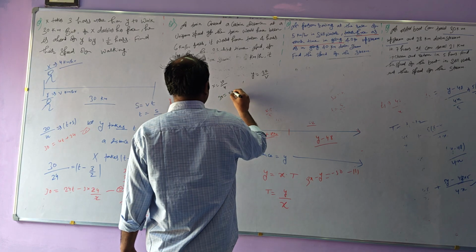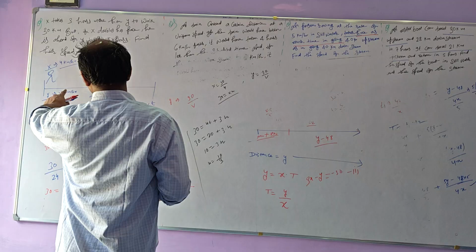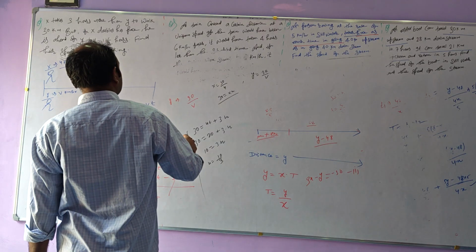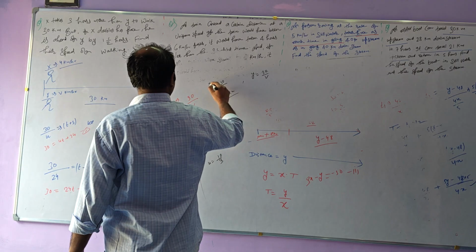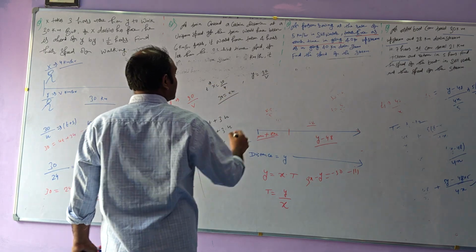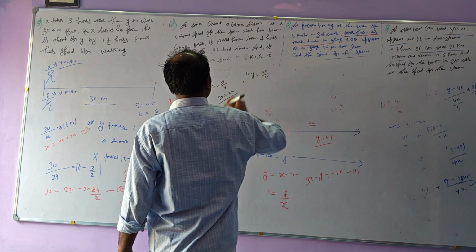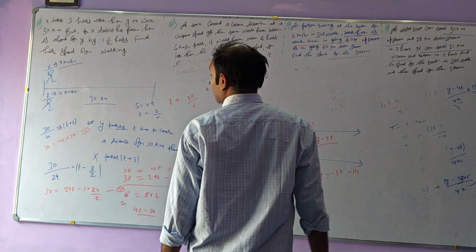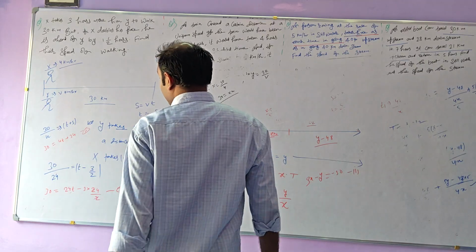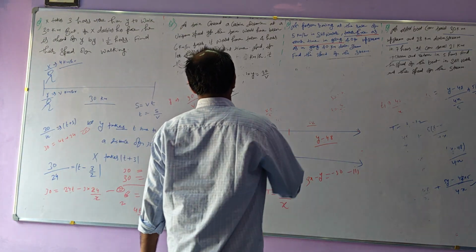Distance is 30 for x, time t1, and for y, time t2.